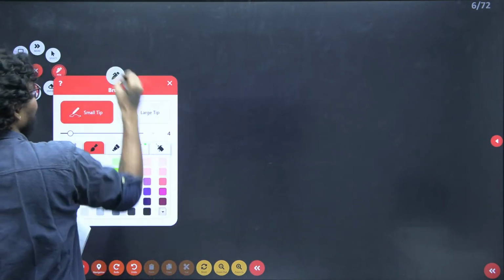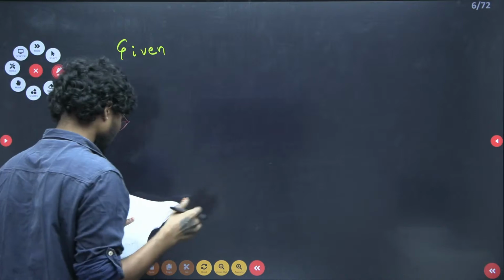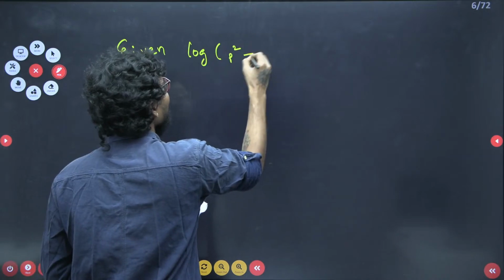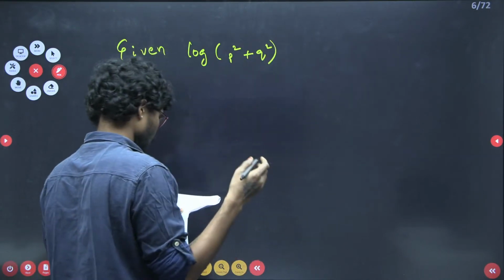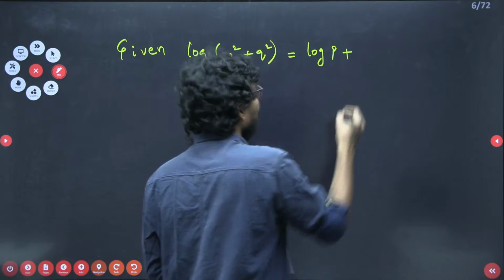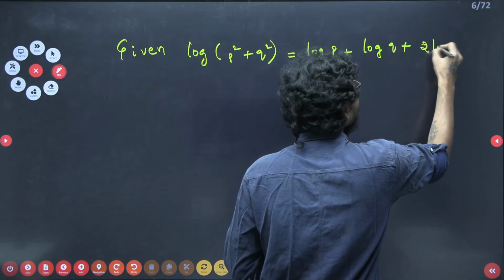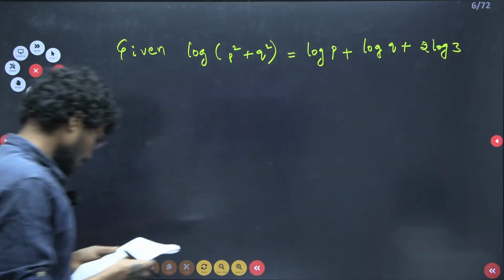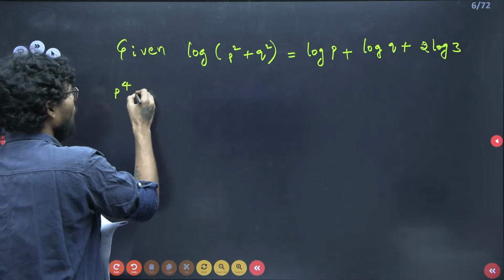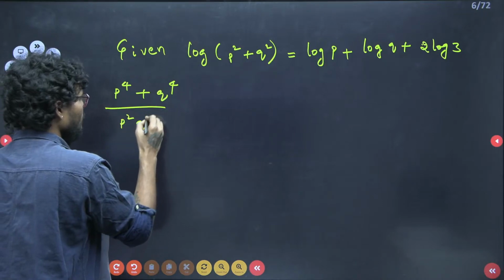So we are given logarithm of p square plus q square is log p plus log q plus 2 into log 3. So now we need to find out the value of p raised to 4 plus q raised to 4 divided by p square q square.